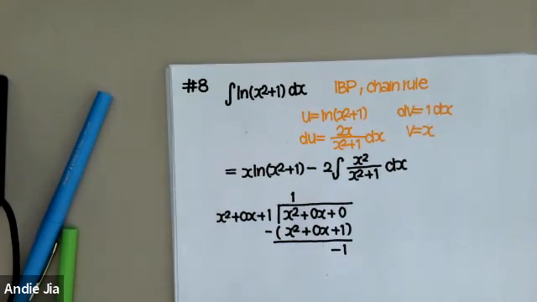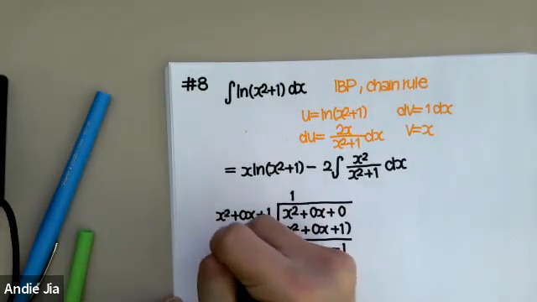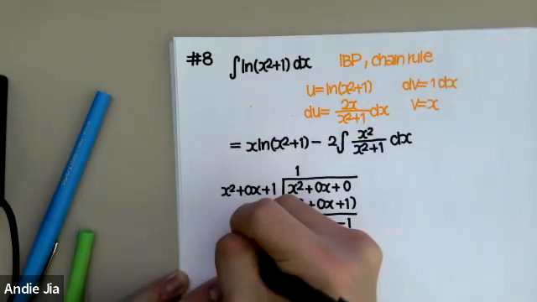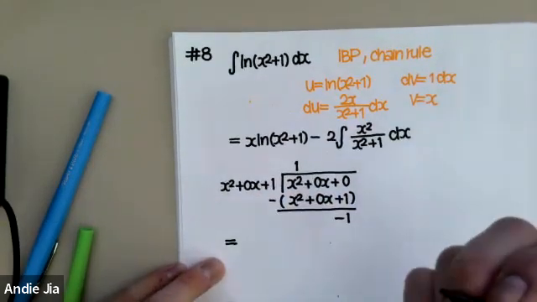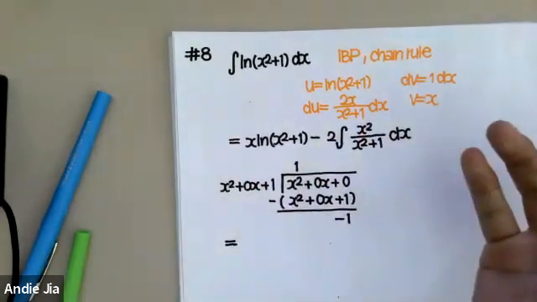So now this case is going to have a remainder and divider. So we're going to integrate it as this. Just make sure that you do the long division right.